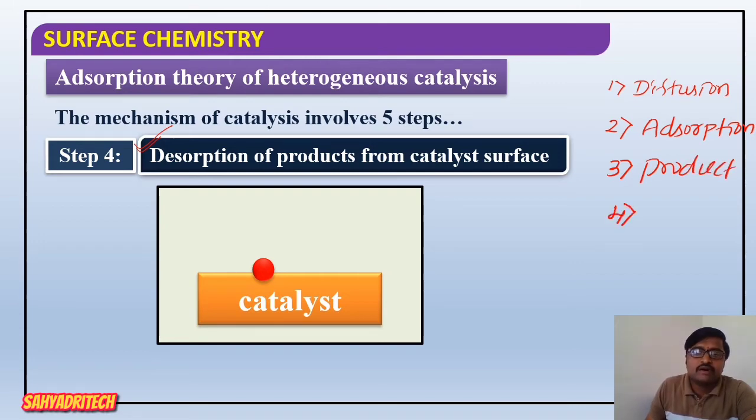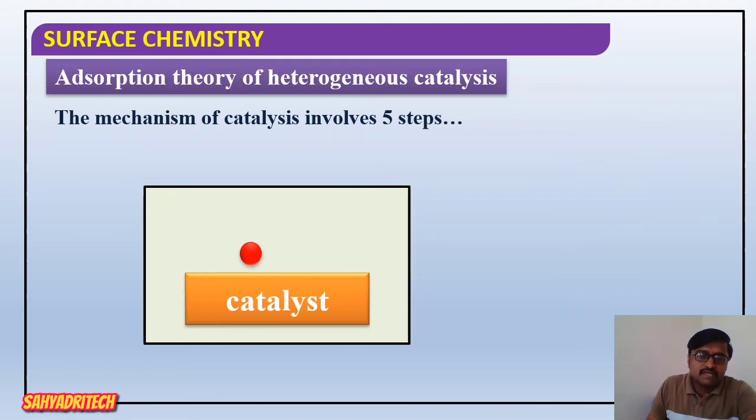Once product is formed, it won't remain on the surface of a catalyst, rather it will be desorbed. So in the fourth step, desorption of the product from the catalyst surface takes place. The process of removal of substances from the surface is considered desorption.